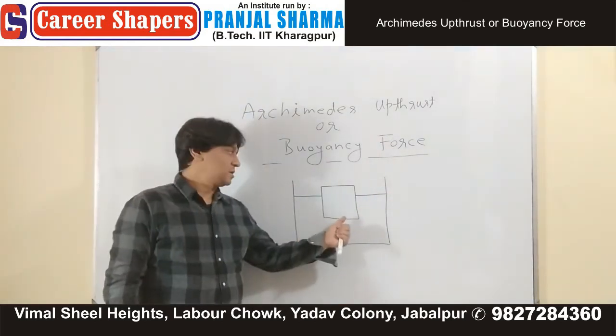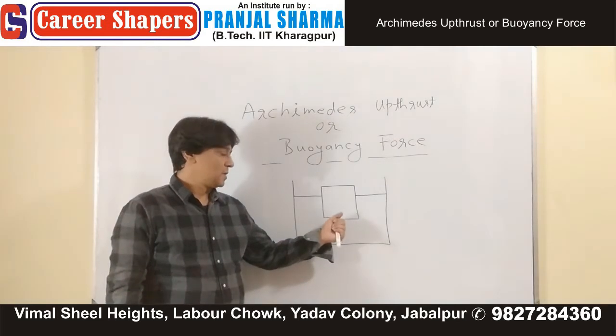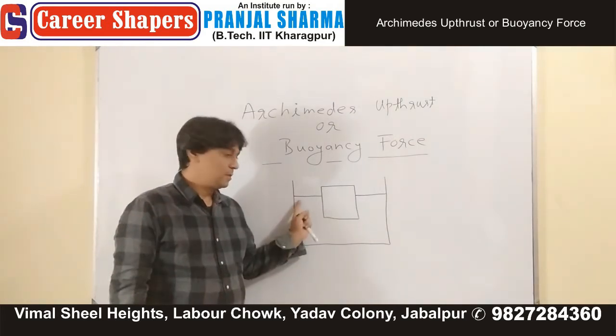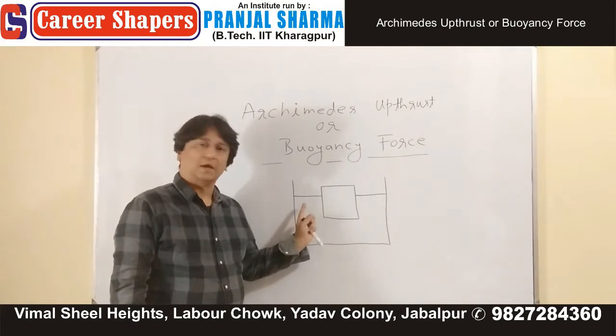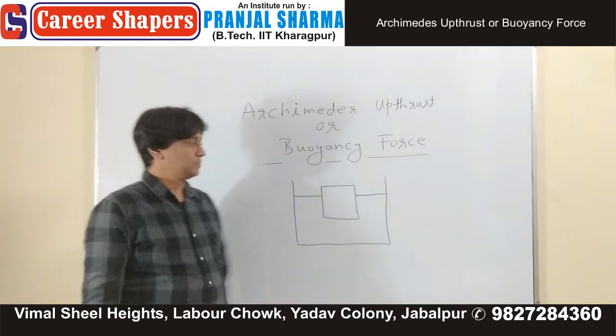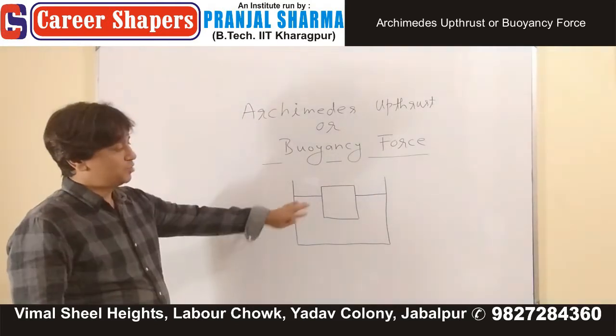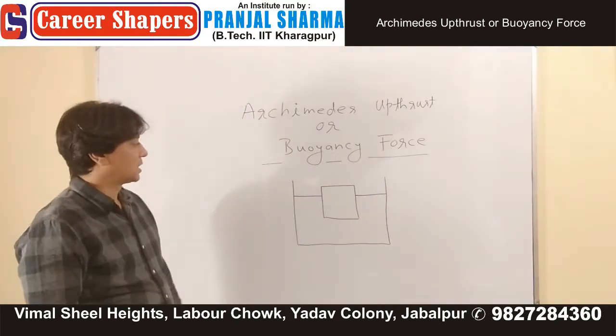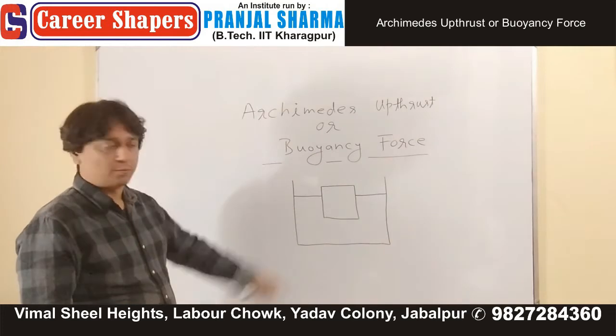We have an object, and in blue you can see the liquid. This is the height of the liquid level in the beaker, and this object is, you can say, floating in this liquid right now.